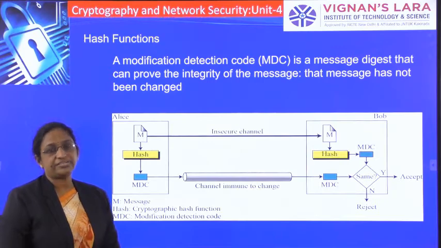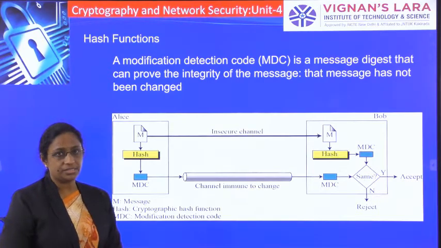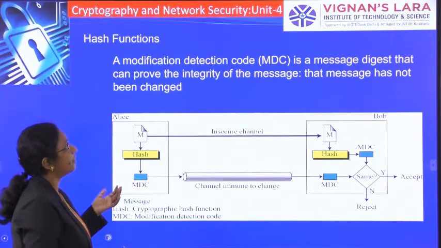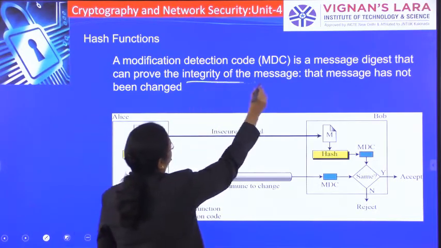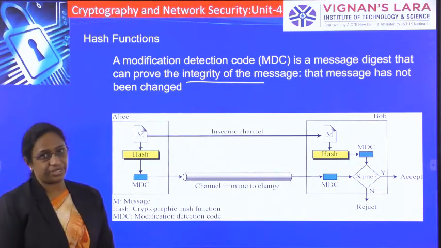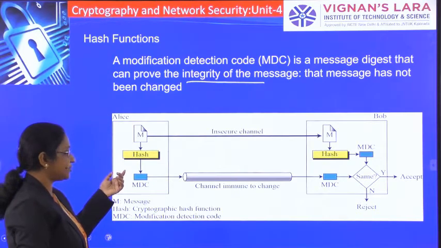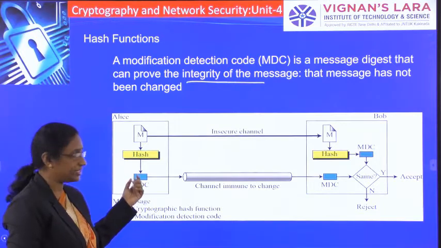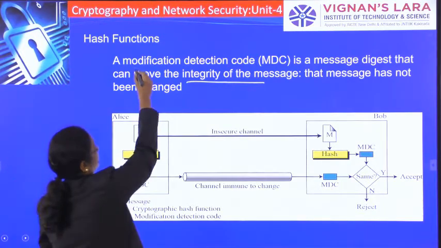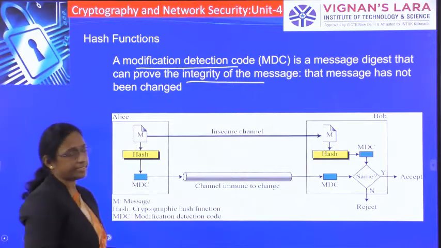In the previous class we went through hash functions, where hash functions are used to provide integrity of the message. To provide integrity to a message, we can use the hash functions. These hash functions generate a modification detection code, or MDC.